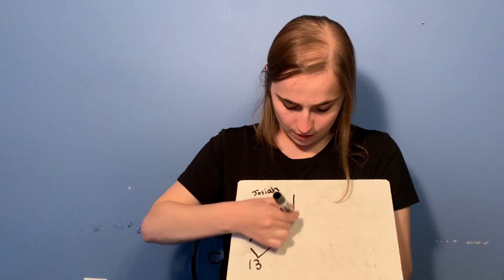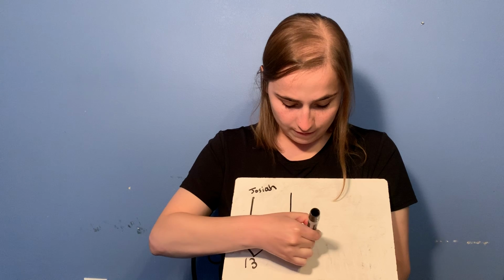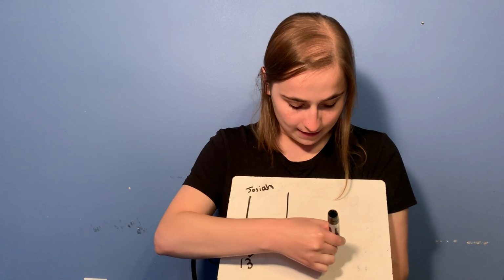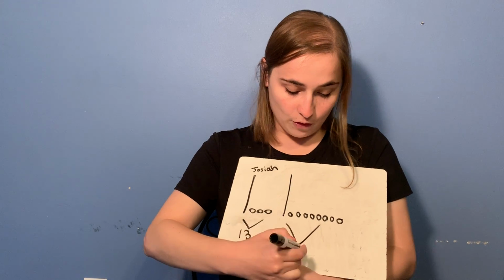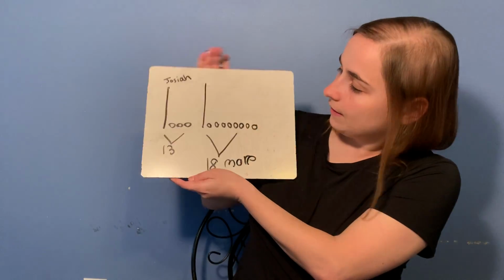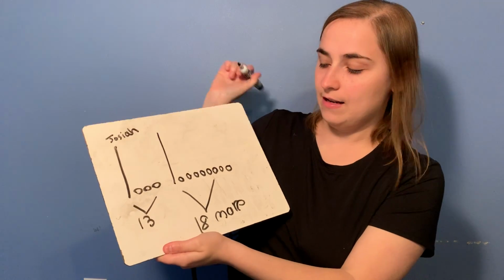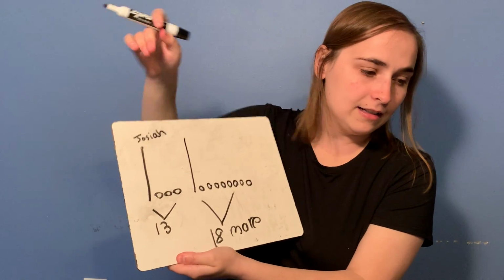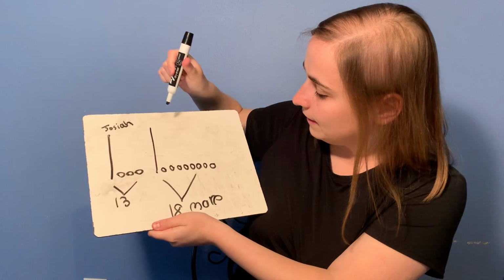Yes, I can draw 1, 10, 10, and 8 ones. 1, 2, 3, 4, 5, 6, 7, 8. This part shows the 18 more. So I drew Josiah's Skittles, then I drew the 18 more. That means this whole picture is going to show me how many Skittles William has.